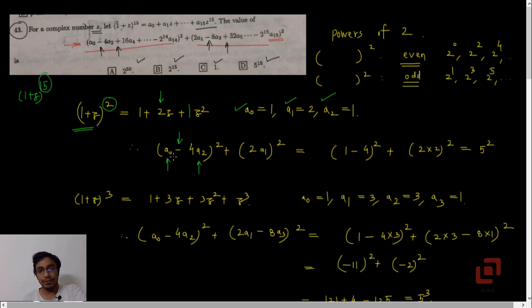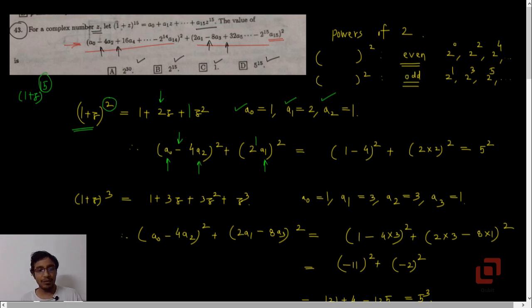For our case we stop at a2, and then in the next bracket we consider all the coefficients in the expansion which have odd subscript, multiplied by the corresponding power of 2. So in this case it is 2 to the power 1, and there is no other odd coefficient. After a1 it is a3, but for (1 + z) squared there is no a3.